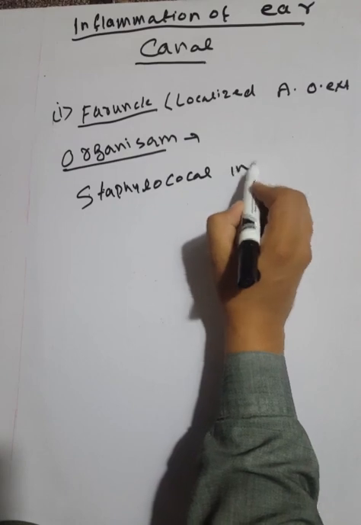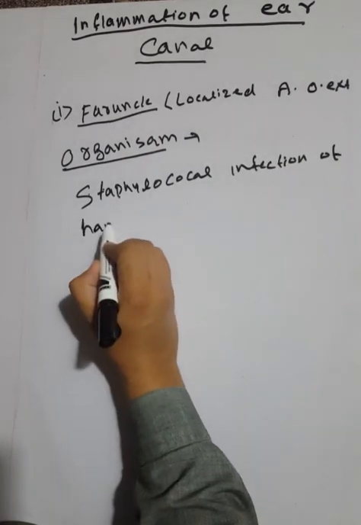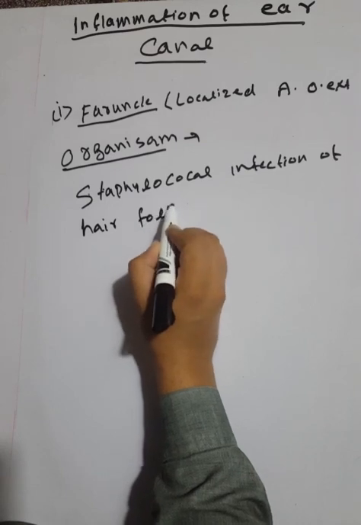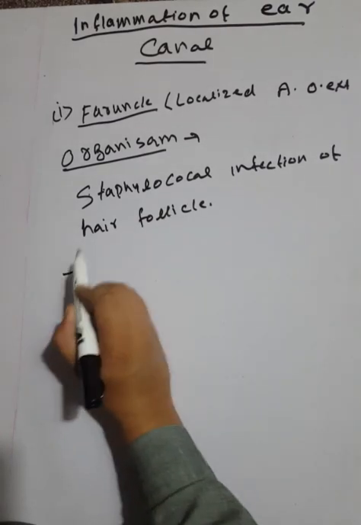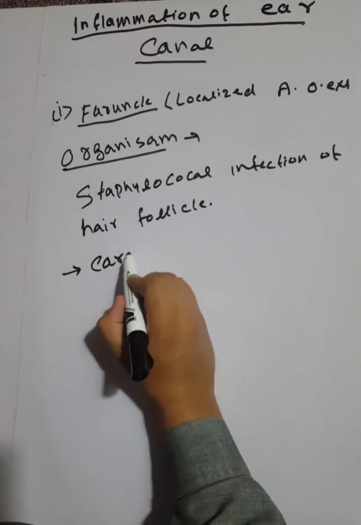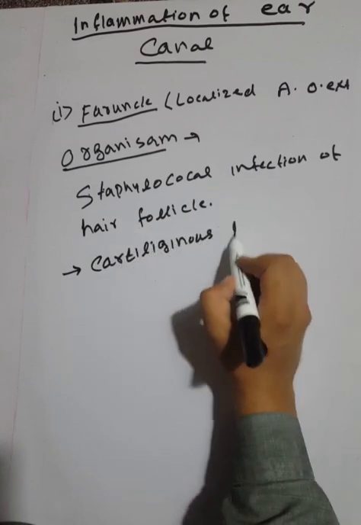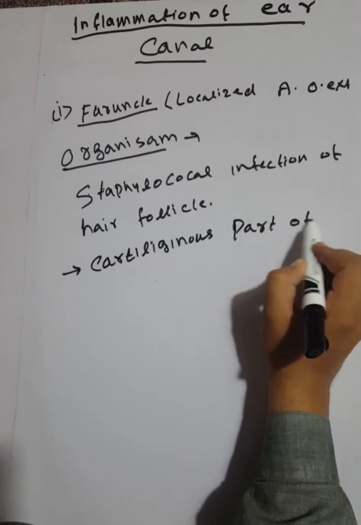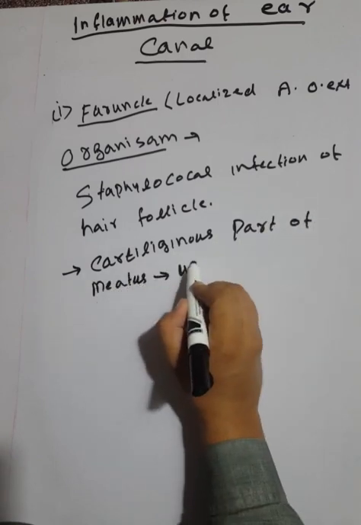As the hairs are confined only to the cartilaginous part of the meatus, the cartilaginous part of the meatus is usually involved.